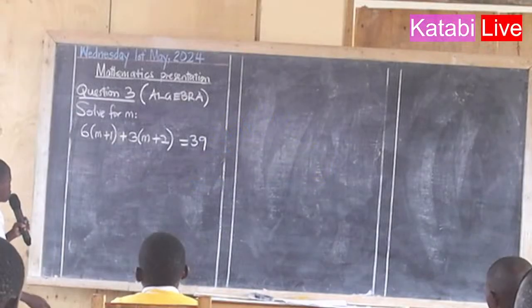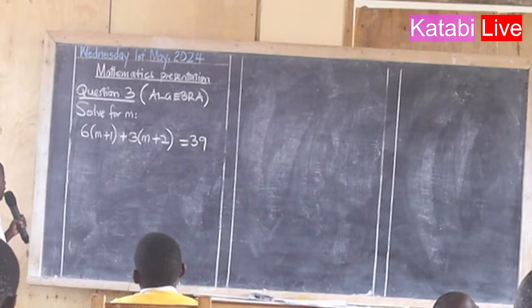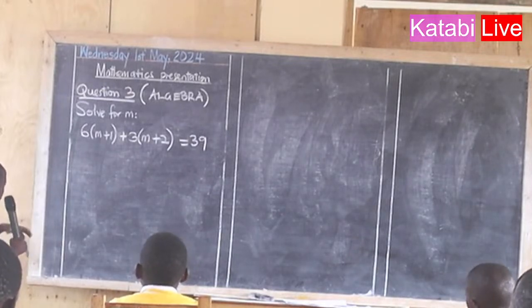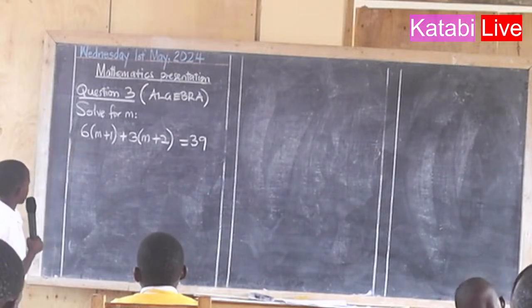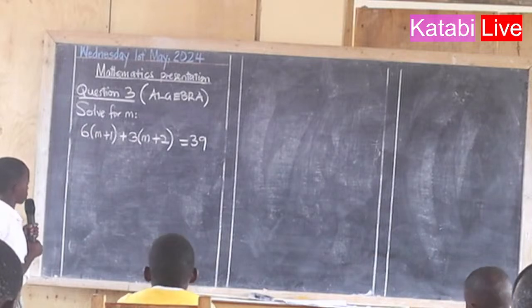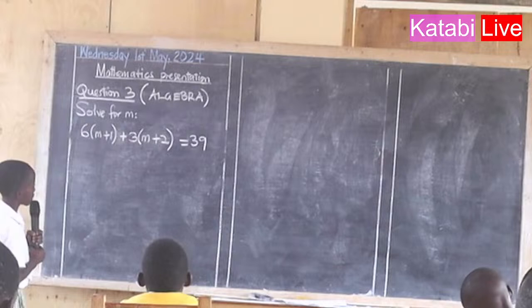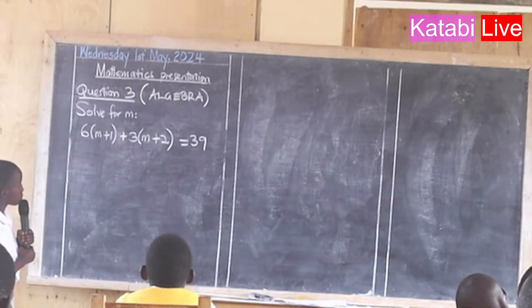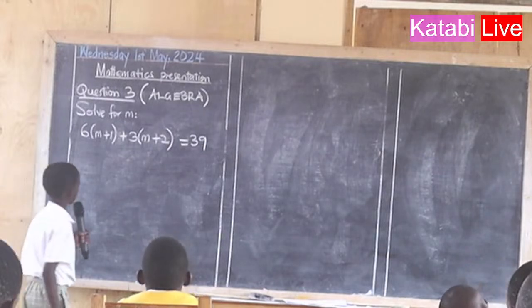So we are going to solve for m. Yes? Let me read the question. 6, open brackets, m plus 1, close brackets, plus 3, open brackets, m plus 2, close brackets equals 39. So we are going to solve for m.